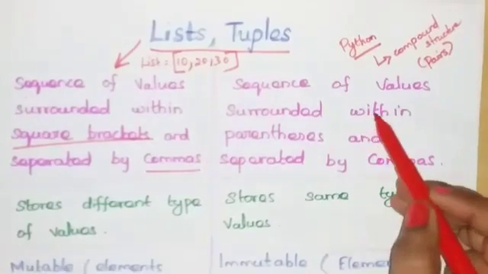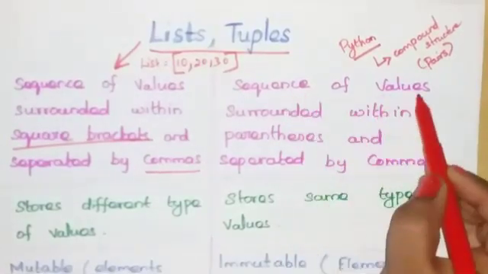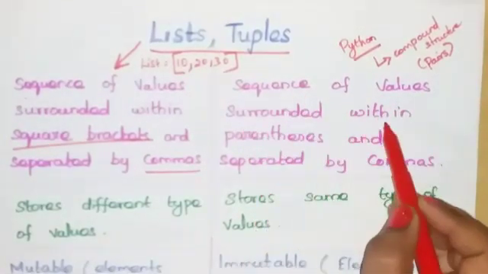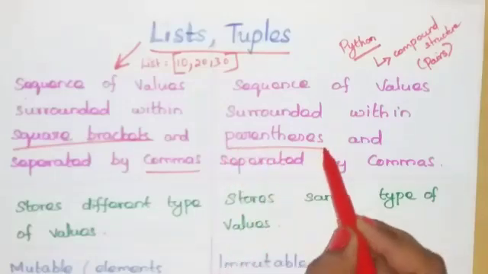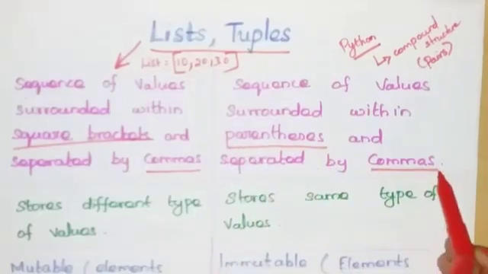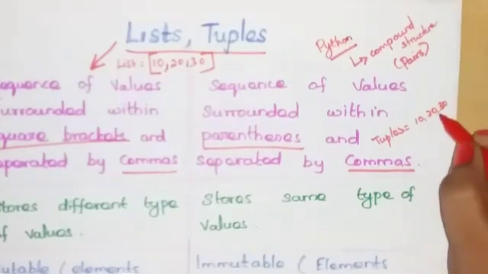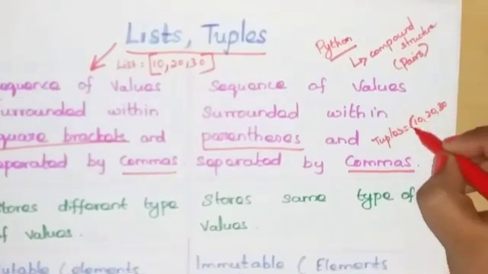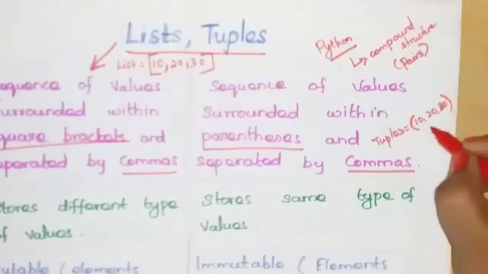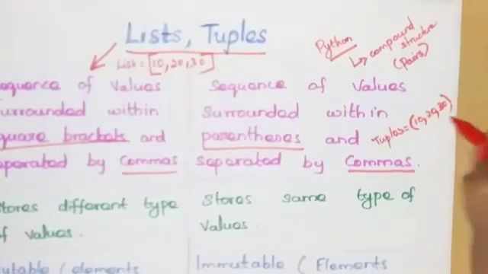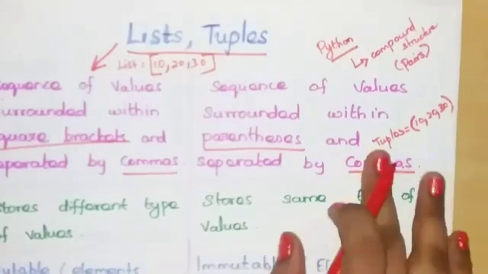And what do you mean by tuples? A sequence of values surrounded within parentheses and separated by commas. This is called tuples.